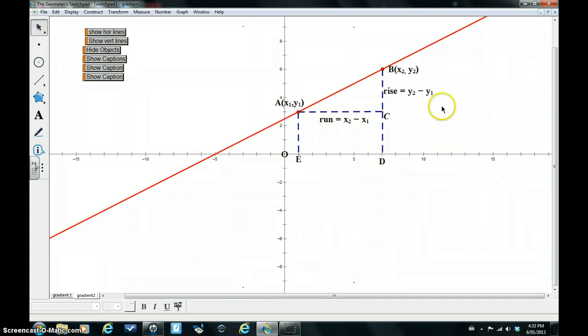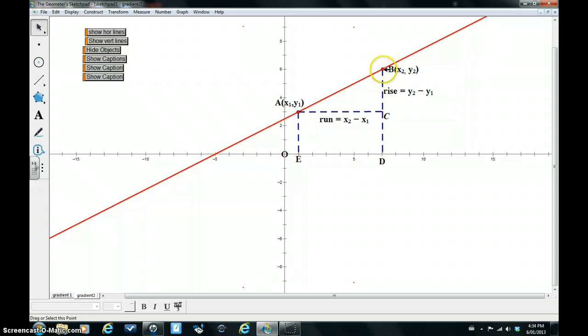Now to find the gradient of this line, we can form a right triangle as we did in the first tutorial. I've just extended the sides so that you can see what's happening here. If you remember, the gradient is rise over run, and we can calculate the rise, which is BC, from these general coordinates, because BC is the same as BD minus AE, and BD is y2.